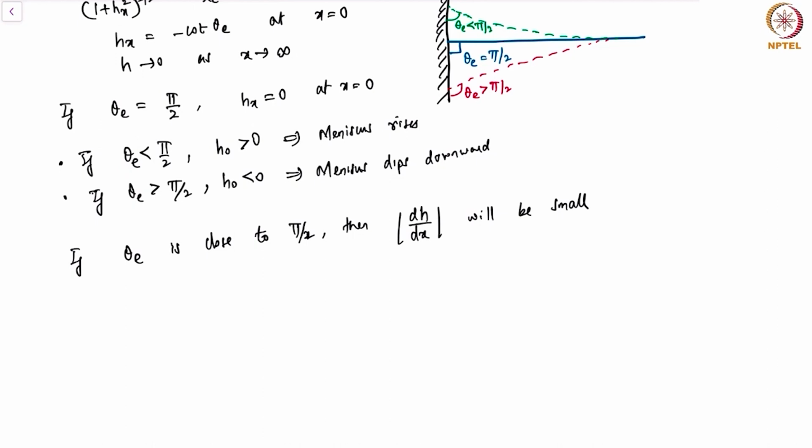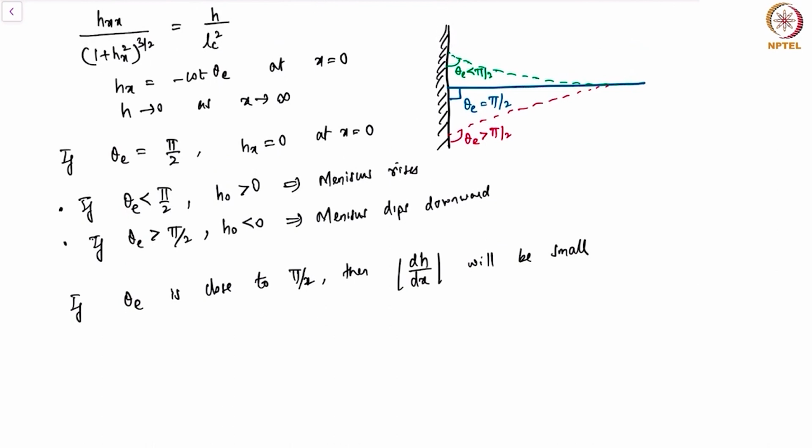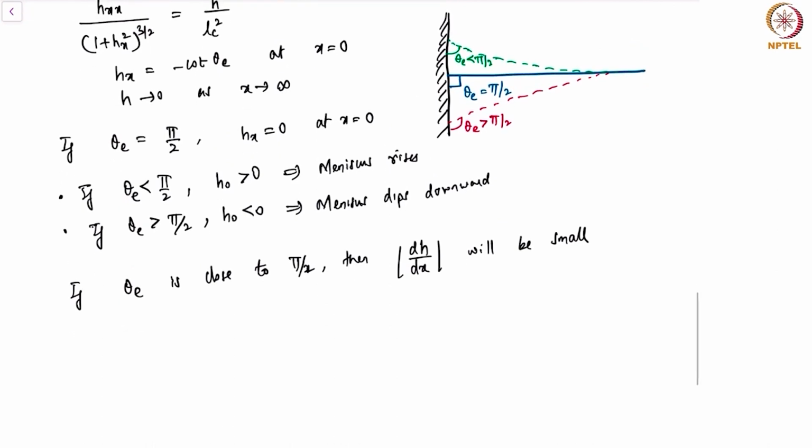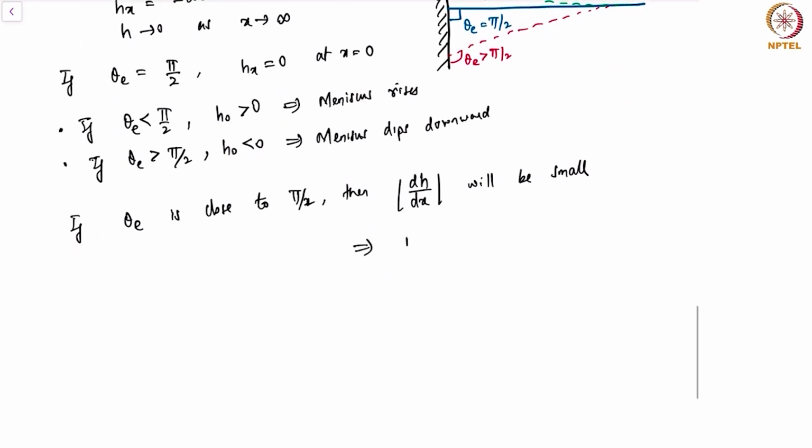So you can expect that if you are slightly away from pi by 2, let's say at an angle of 70 degrees or 80 degrees, the meniscus does not rise too much and has a gentle slope, which means the slope dh by dx is small. What does it do to us? If I look at this equation, hxx by 1 plus hx square whole power 3 by 2, then 1 plus hx square whole power 3 by 2 is approximately 1, because I'm ignoring the nonlinear term hx square.